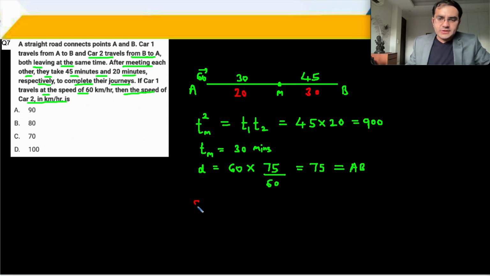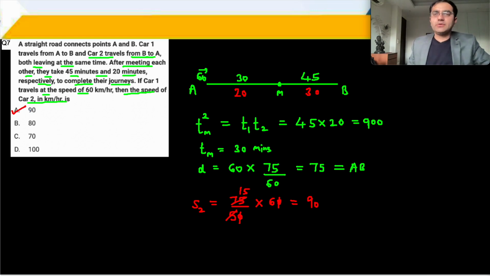So now speed of car 2 is equal to distance 75 kilometers divided by time. Car 2 is coming from here, 30 plus 20, 50 minutes. Converted to hours. ठीक है. 5 से गया 15 times. And 15 into 6 is how much? A speed of 90. So 90 is the right answer for question 7A part.